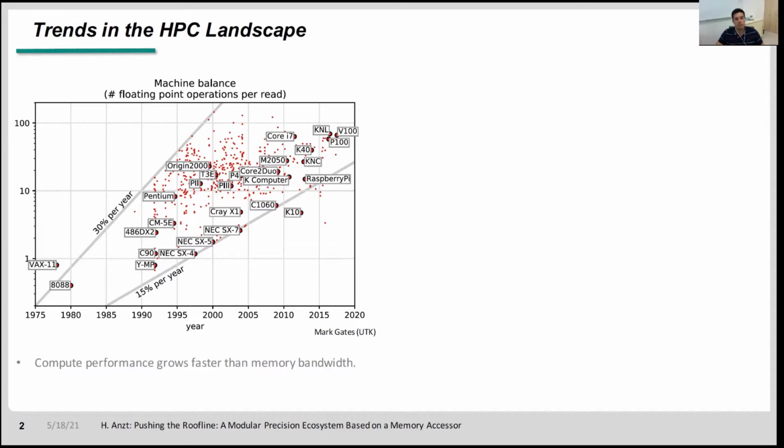And is this to, say, standard RAM or GRAM, GDDR? I would have to ask Mark Gates, who created that figure, but I'm pretty sure it's main memory, so standard RAM. Okay. Well, respectively, the RAM that you have on the respective device, like V100 or KNL or whatever. Yeah. I guess I'm asking if you've got a cluster made up of standard video cards, is it from the on-card RAM, which is the graphical?